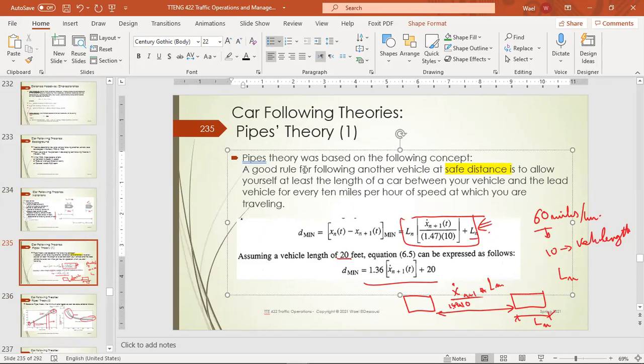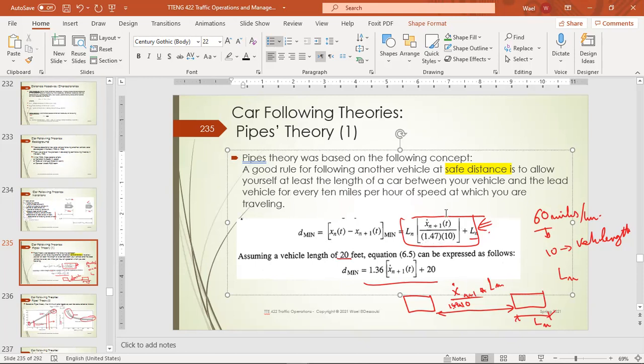So it was based on this, the minimum distance or the minimum spacing the following vehicle will leave is basically the speed of the following vehicle divided by 10 miles per hour, okay, plus vehicle length. Divided for each 10 miles, it leaves a vehicle length.